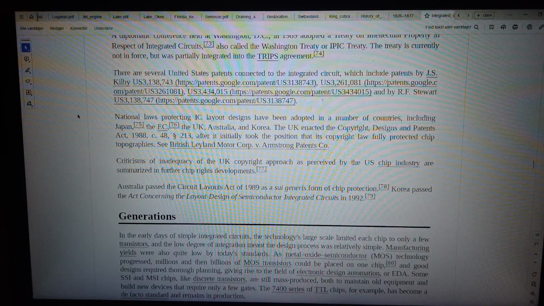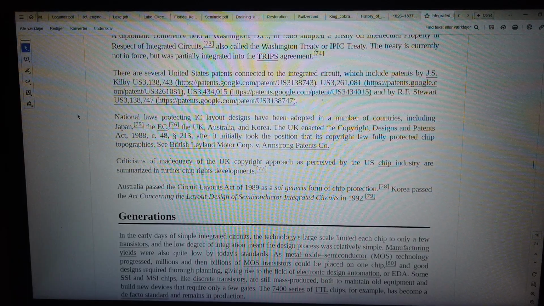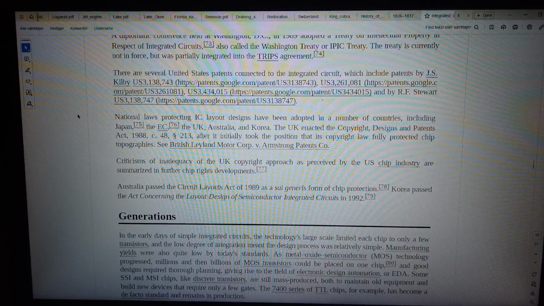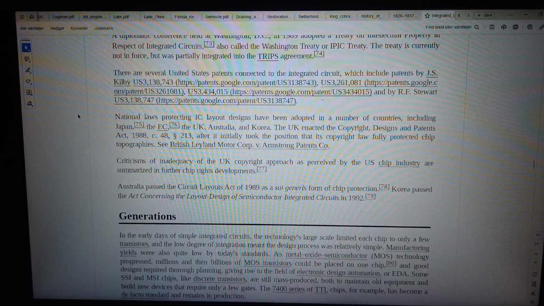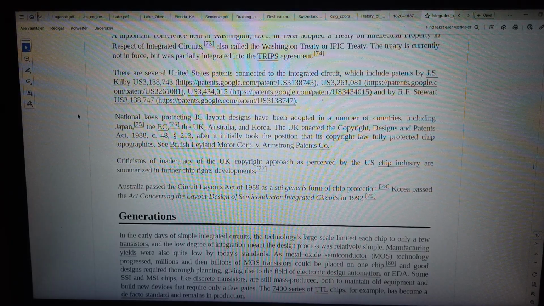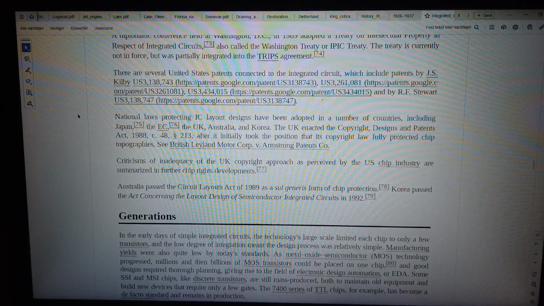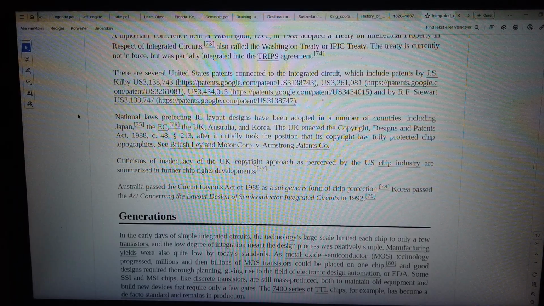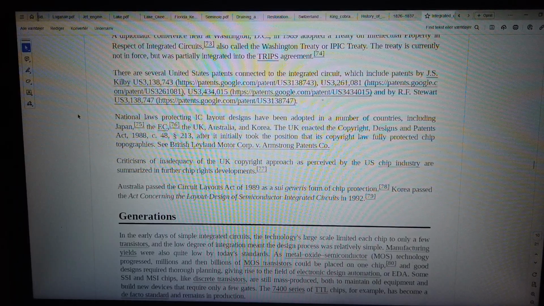Criticisms of inadequacy of the UK copyright approach as perceived by the US chip industry are summarised in further chip rights developments. Australia passed the Circuit Layouts Act of 1989 as a sui generis form of chip protection. Korea passed the Act concerning the layout design of semiconductor integrated circuits in 1992.